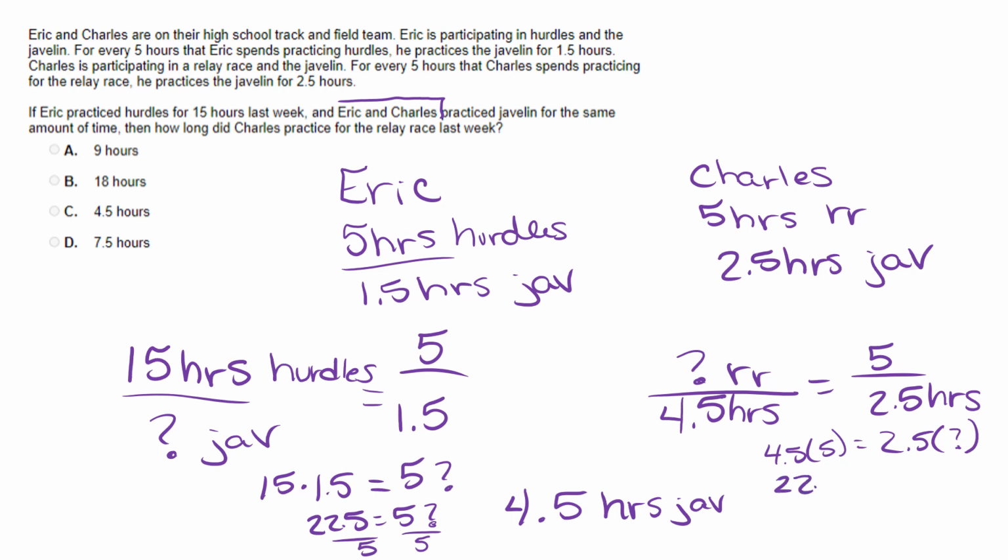So we've got 22.5 equals 2.5 times something. So we divide both sides by 2.5. 2.5 and 2.5 is 5. So that would be 10. That would mean that it could go in 9 times. So Charles spent 9 hours practicing the relay race.